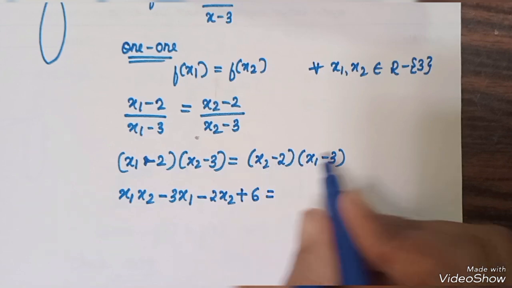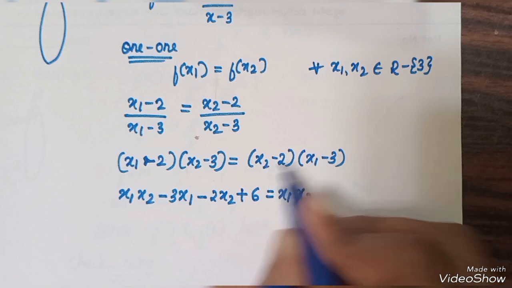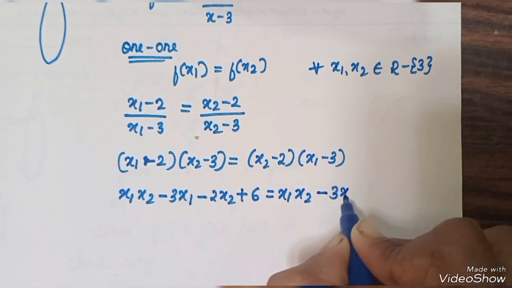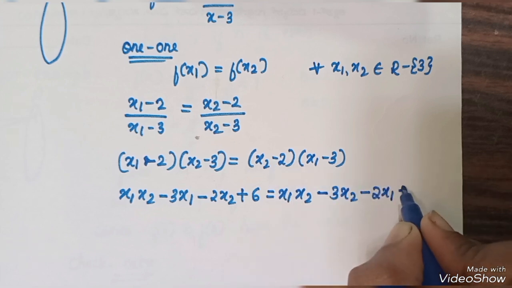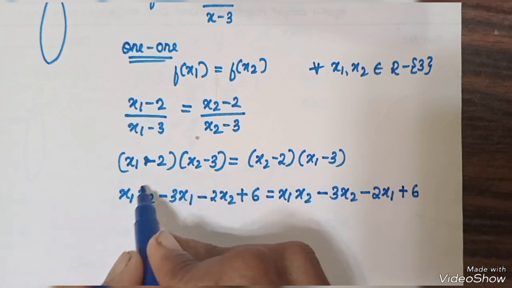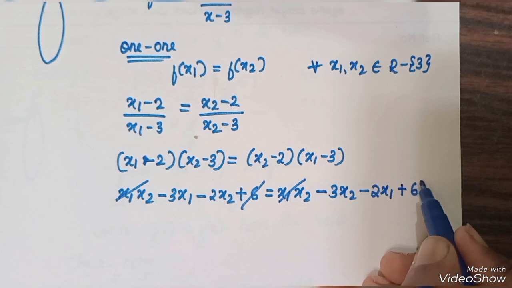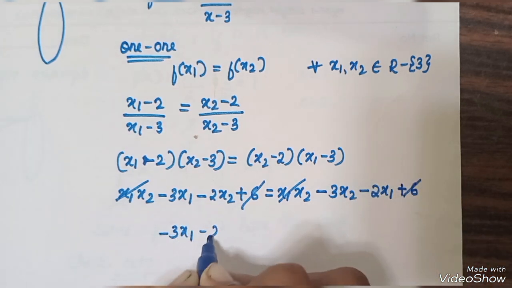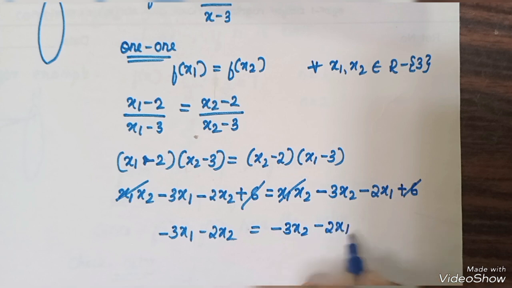Here also the same: x1x2, minus 3x2, minus 2x1, plus 6. Here x1x2 gets cancelled, and plus 6 gets cancelled. Here minus 3x1 minus 2x2 equals minus 3x2 minus 2x1.